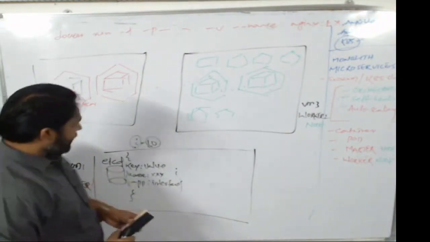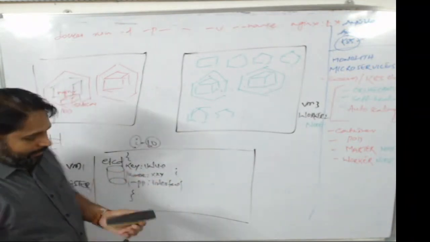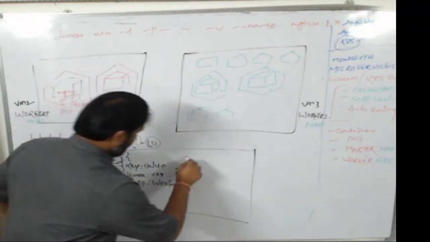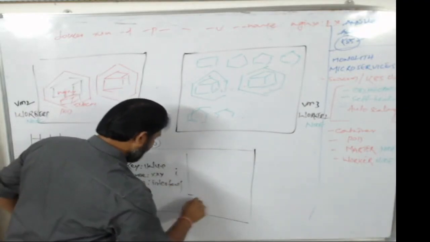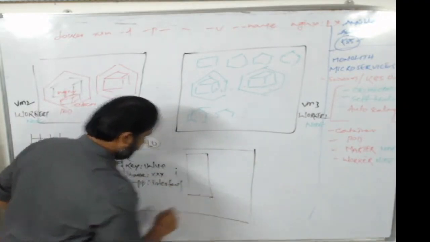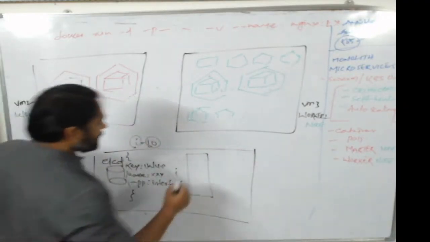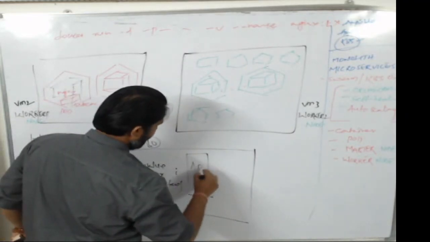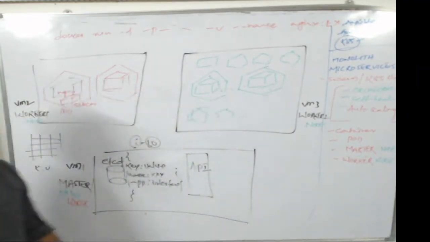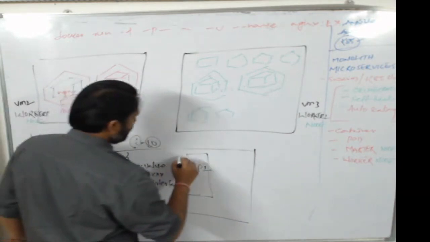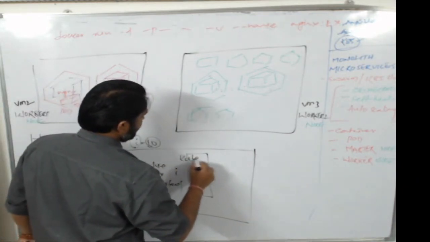So etcd. Now the database is gatekept by another component, a gatekeeper to the database. This is the API server. This is called kube-apiserver.